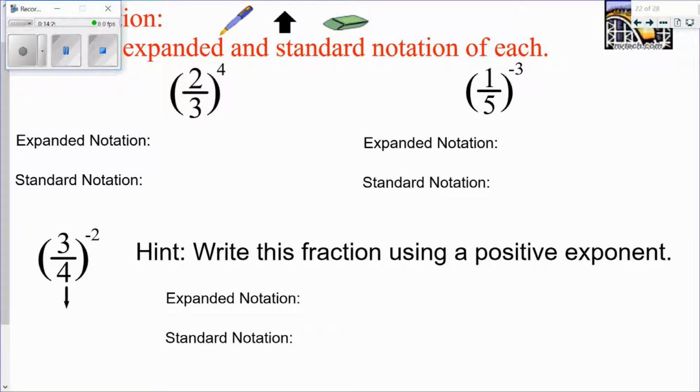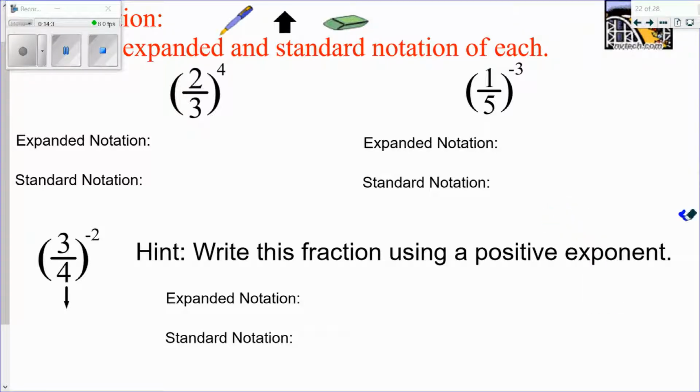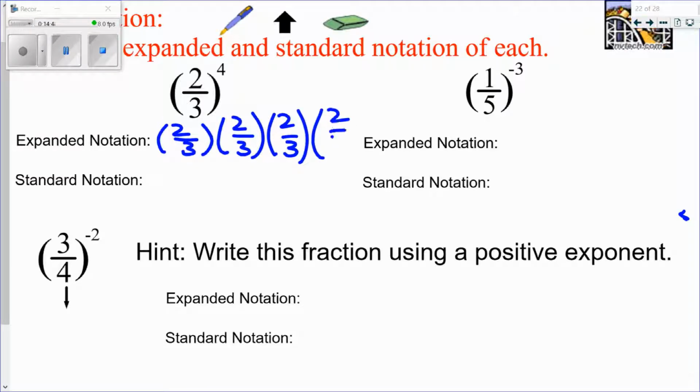Okay, so we have 2/3. Hold on, I just have to put on the pen. There we go. So 2/3 times 2/3 times 2/3 times 2/3, and you get 16 over 81.